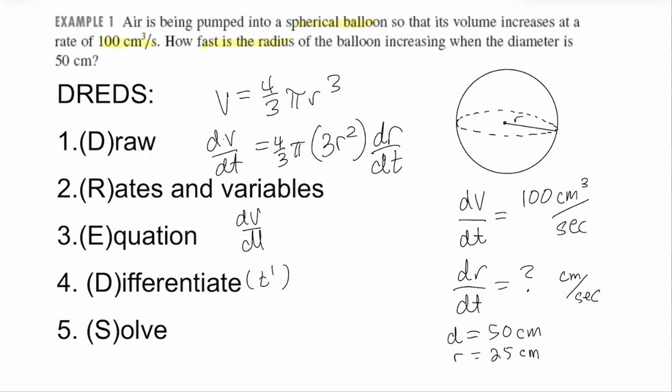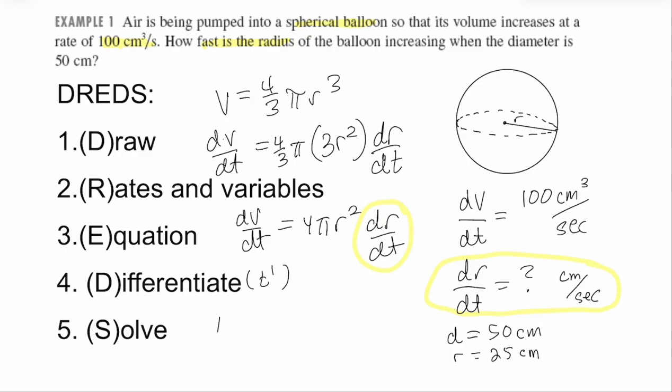The 4/3 and the 3 cancel out, so it's just 4 pi r squared dr/dt. Now I'm looking for dr/dt.